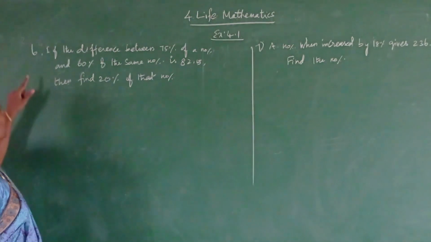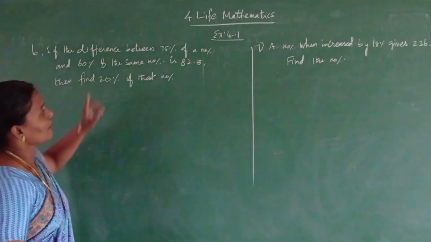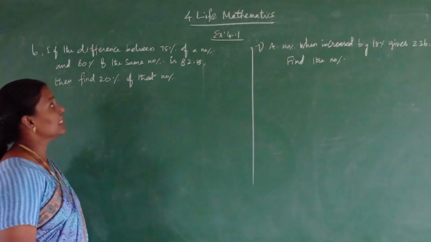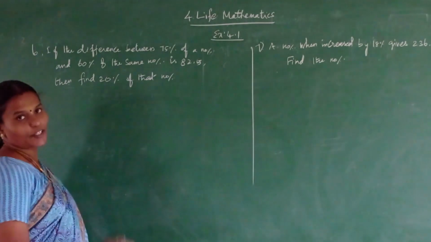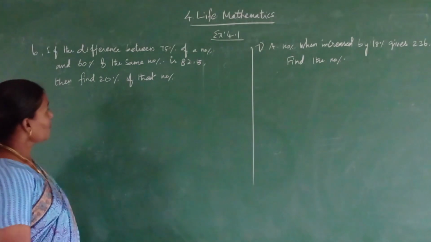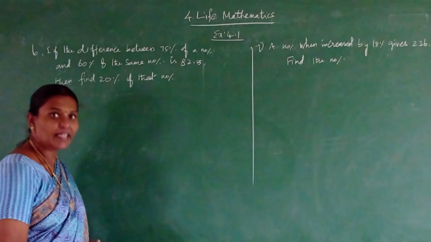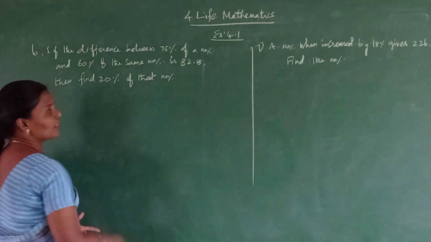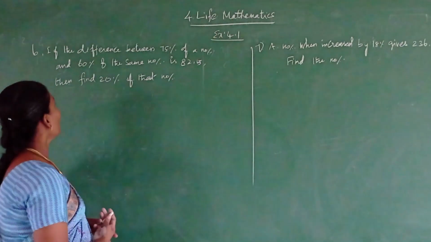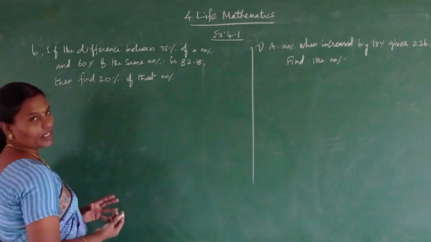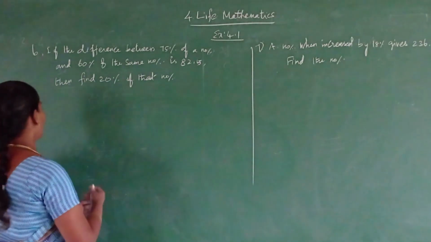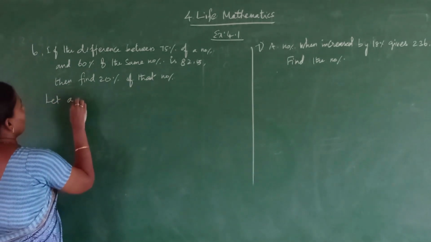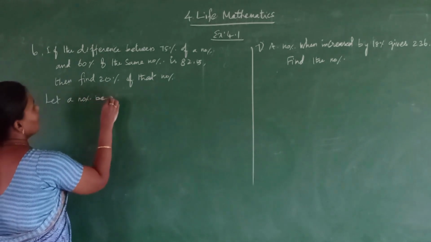Listen, children. Sixth sum. If the difference between 75% of a number and 60% of the same number is 82.5, then find 20% of that number. First we consider the unknown to be x. Let the number be x.